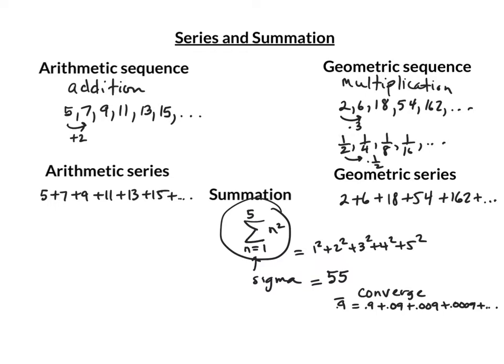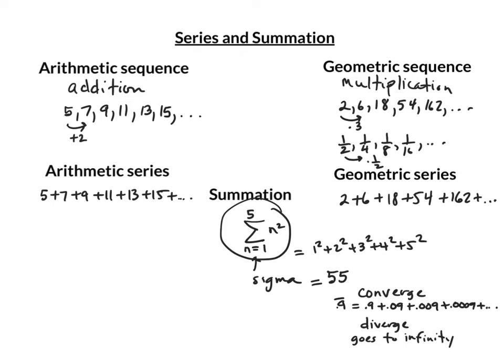Now, a series can also diverge. Diverge means that it doesn't approach a sum. It goes to infinity. There are formulas to figure out some of these things.